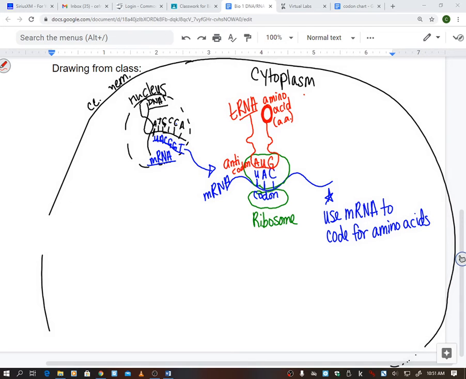All right, now the next three letters I had here were GGU. So what happens is the ribosome moves down this line of RNA, and it continues to bring these tRNAs. So we get another one of these guys. Maybe it just read this one.